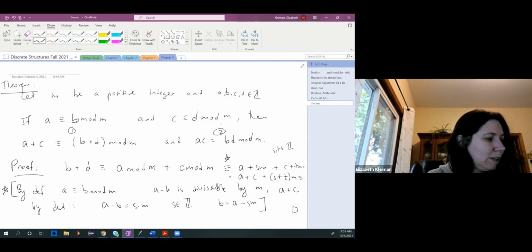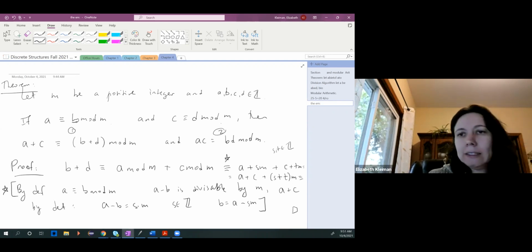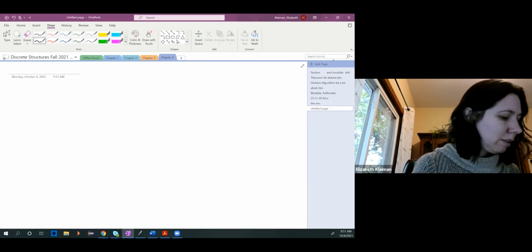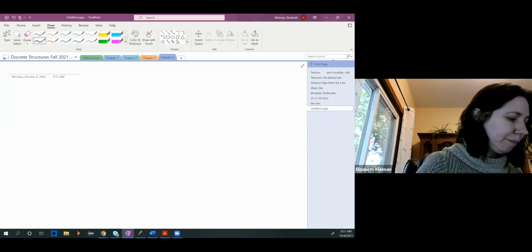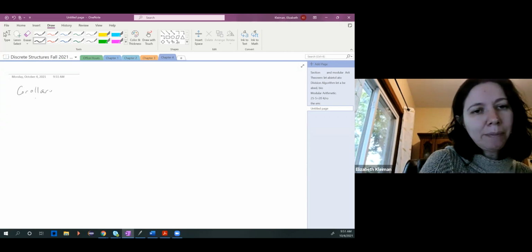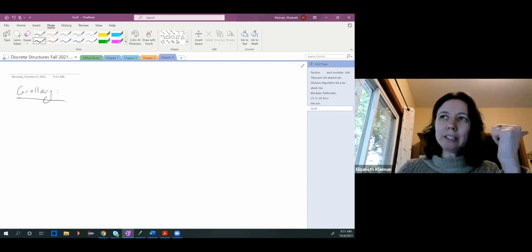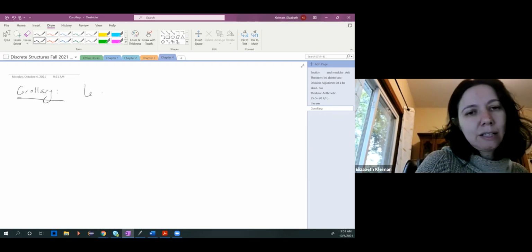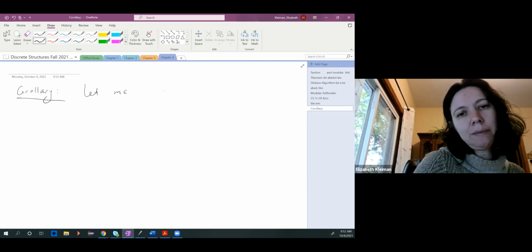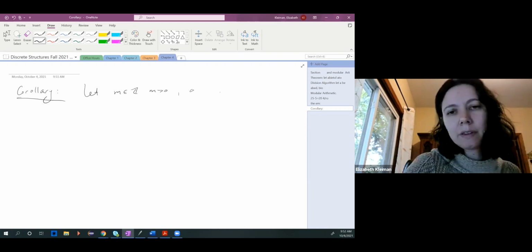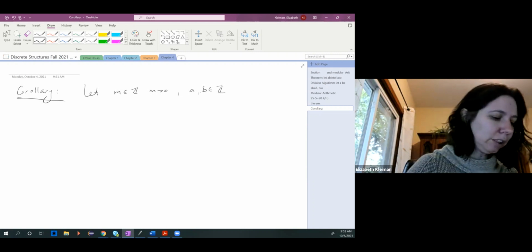So now let's do one more corollary. Remember, a corollary will come directly from the previous theorem. Let M be an integer, M bigger than 0, and A, B integers.